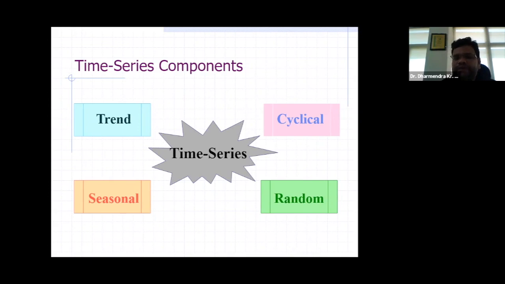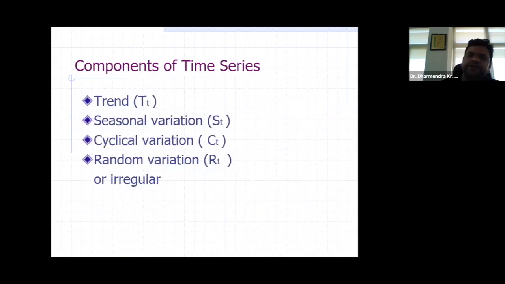Okay, so any time series data has four components: trend, seasonal, cyclic, random. Generally these components are expressed as follows.